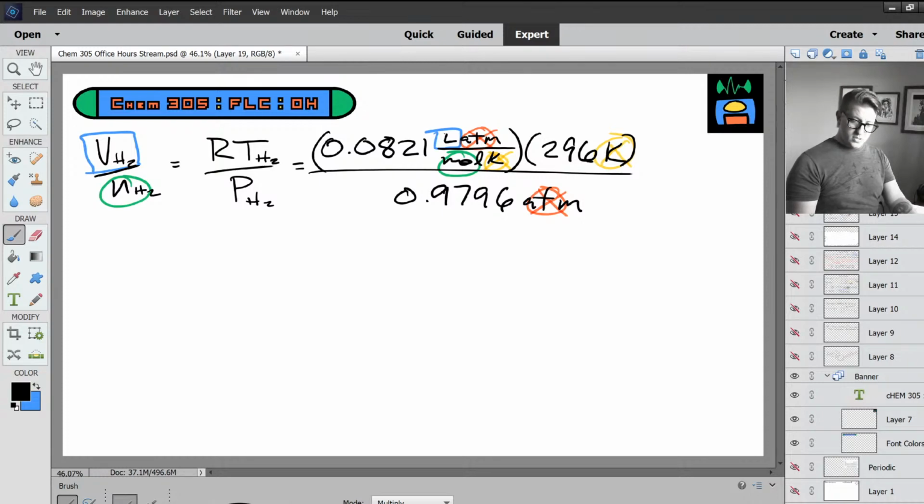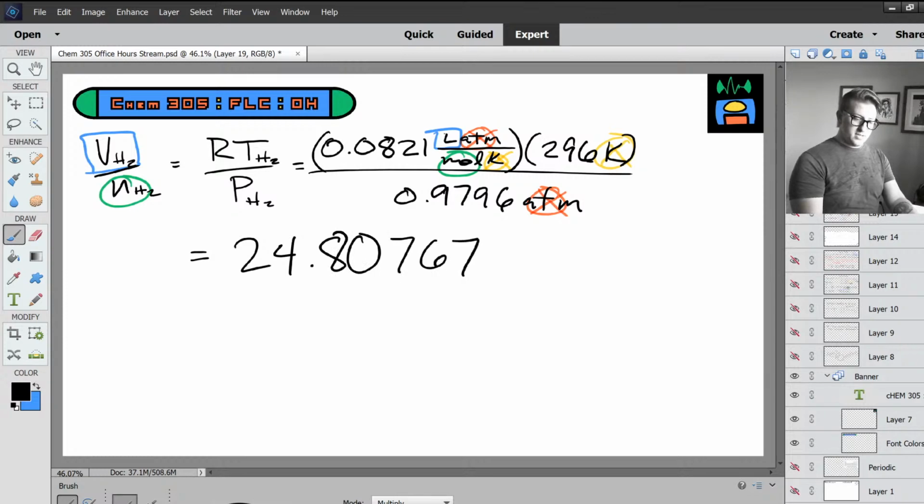All right, so there's a big long number coming out. It's 24.80766766. All right, but we can only keep 3 significant figures if you look at the numerator, ideal gas constant, and our temperature. Each only have 3. Our denominator has 4, but you always roll with the fewest.